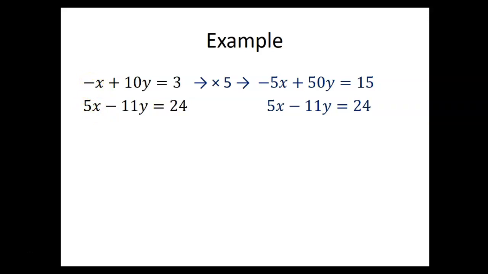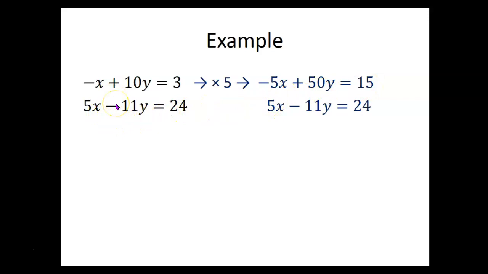And to get that to happen, I am allowed to take an equation and multiply both sides by the same number, as long as that number isn't 0. So if I multiply both sides of the top equation by 5, so everything on both sides gets multiplied by 5, it turns into -5x plus 50y equals 15.